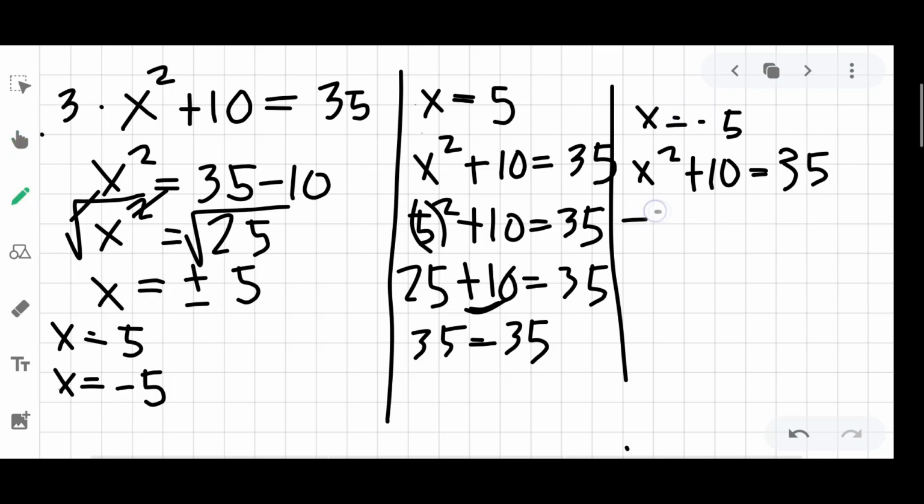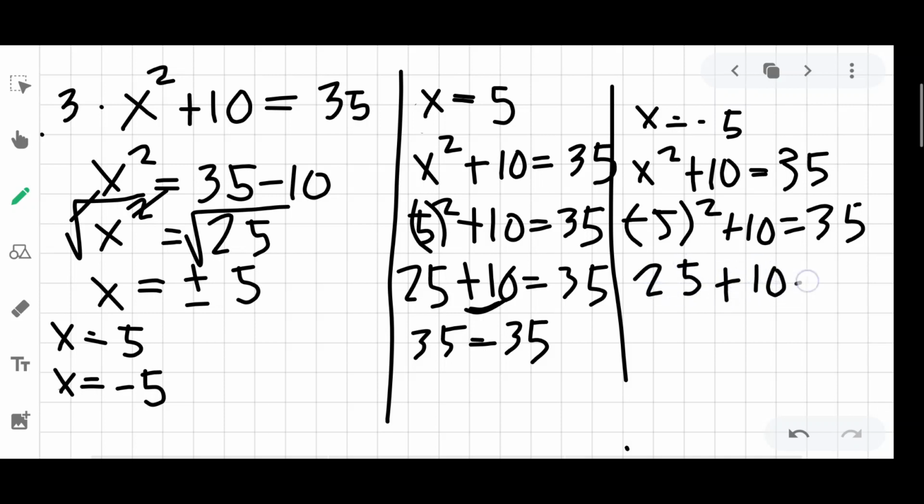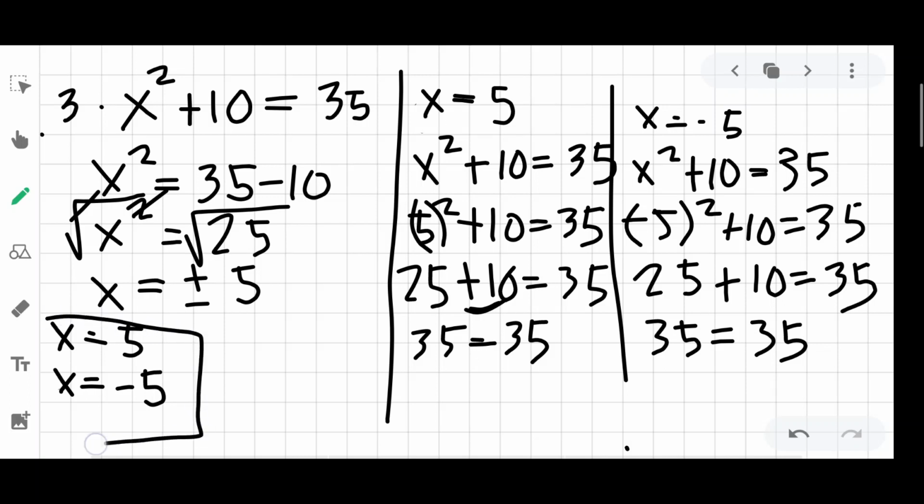So, negative 5 squared plus 10 equals 35. Negative 5 times negative 5, the answer is positive 25. Bring down positive 10 equals 35. 25 plus 10, the answer is 35. So, equal sila. So, therefore, tama yung sagot natin dito.